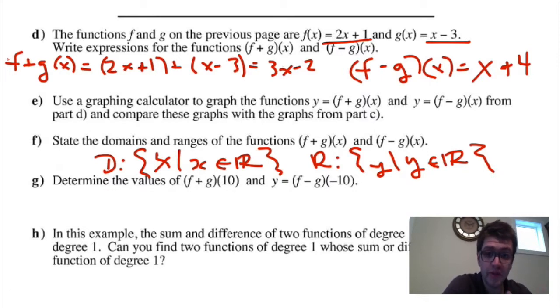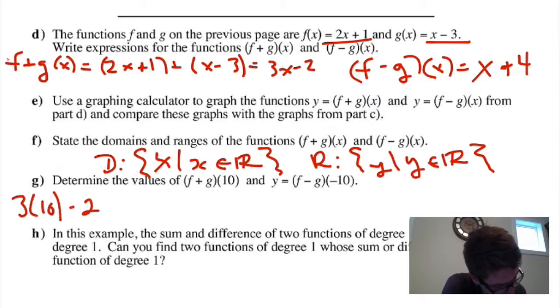We should also be able to use these two functions to find f plus g of 10. We can look at what f of 10 is and g of 10 is and then combine them together by adding and get a result, or we can find this function f plus g of x and then substitute that in. So f plus g of 10 should be 3 times 10 minus 2, and again I'm just using this function here that I found for f plus g of x, and 3 times 10 minus 2 is 28.